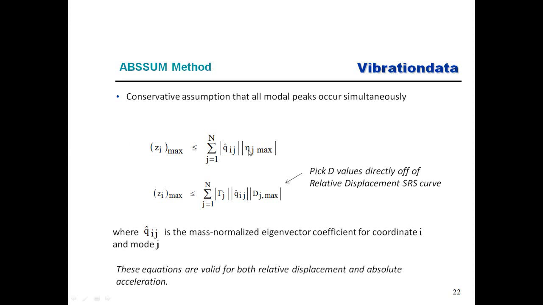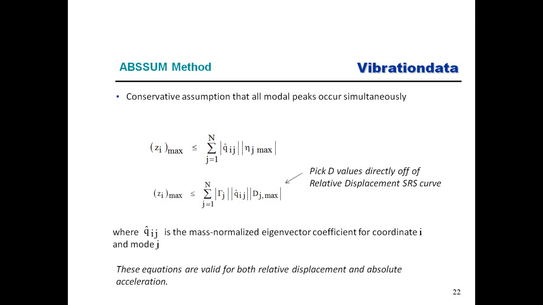So we're going to make an approximation and say this modal displacement for mode J is going to be equal to gamma, the participation factor, times the relative displacement value for mode J that's picked off directly from our relative displacement SRS curve at the corresponding natural frequency for mode J. So we take our SRS curve, take our two natural frequencies, find the two relative displacements from that curve, plug them into this equation and take the summation.